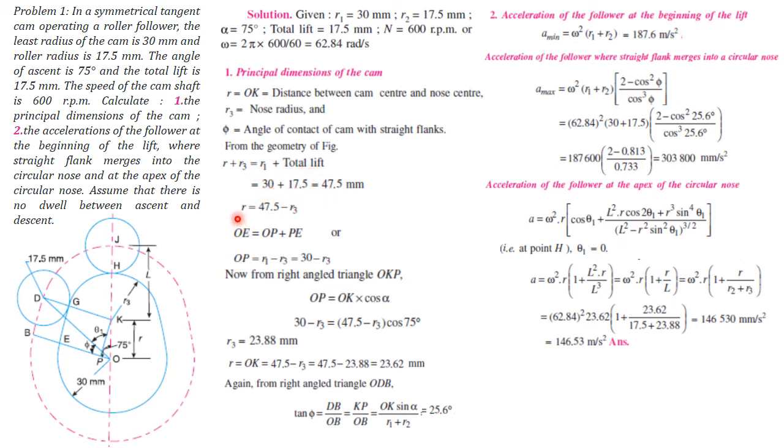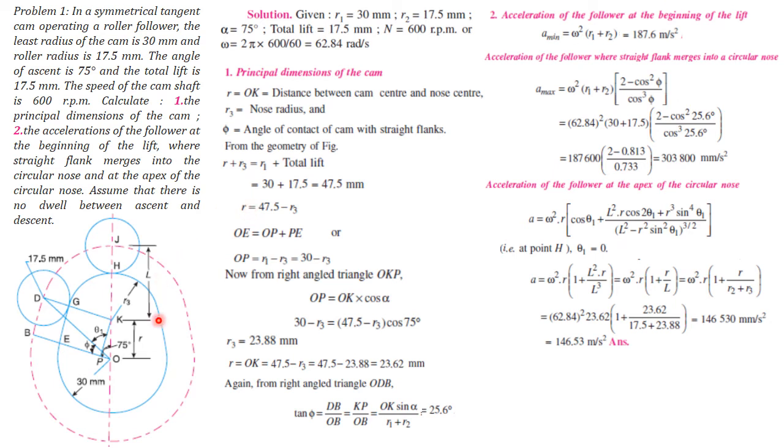So we get R, the distance between the two centers, equal to 47.5 minus R3. Now we are interested in finding the value of R3. If we compute R3, we will get the value of R.